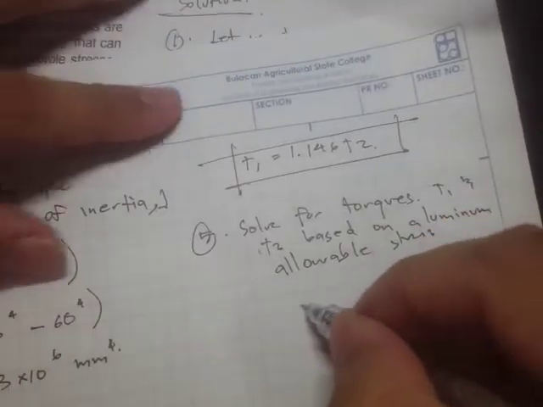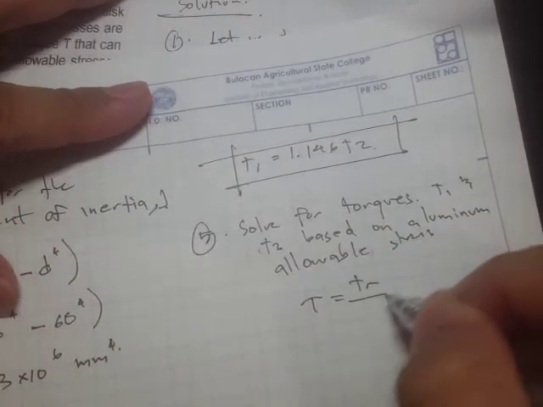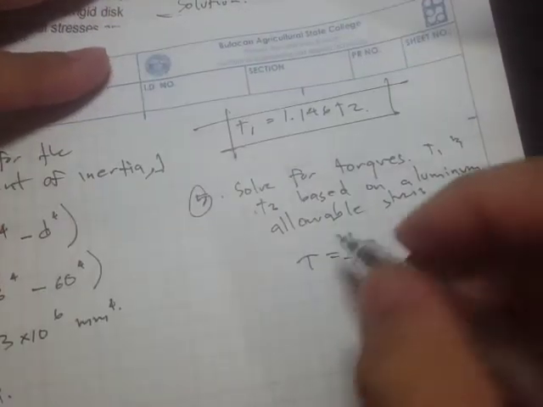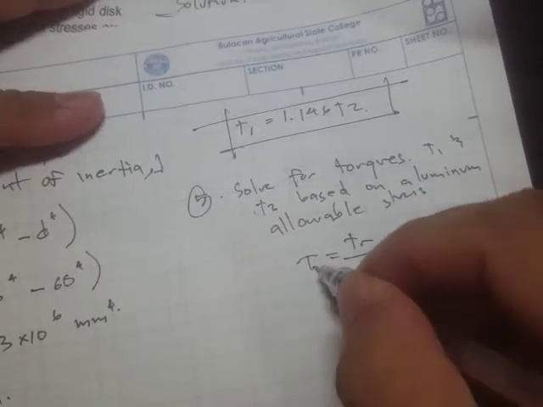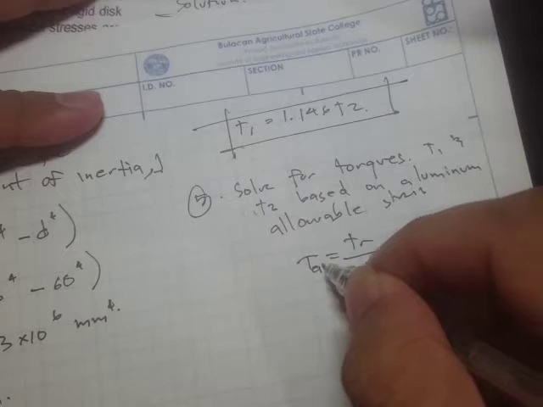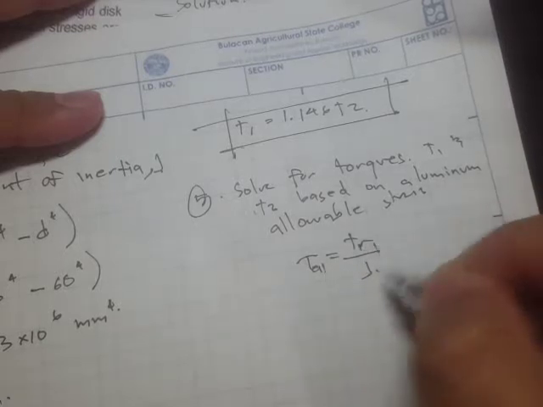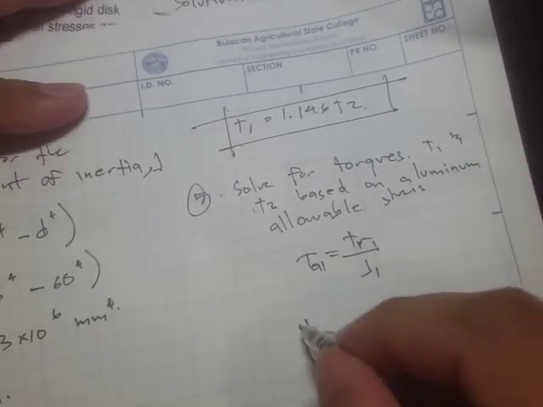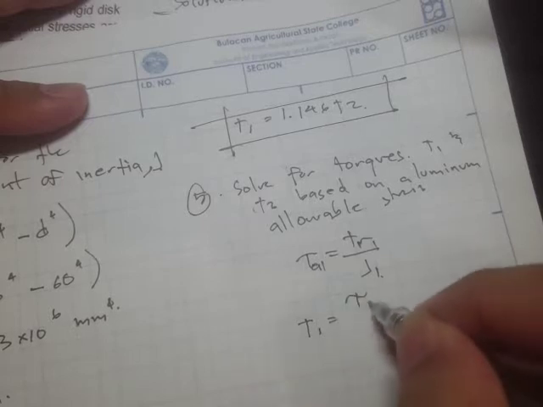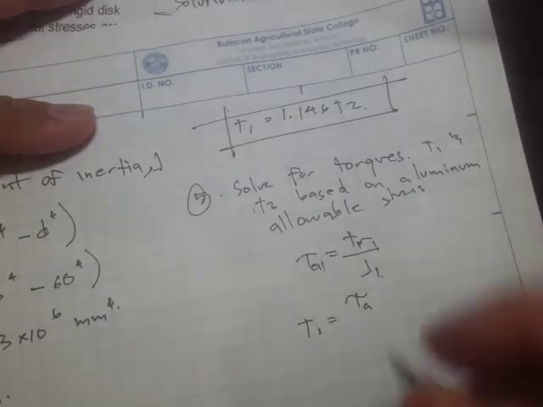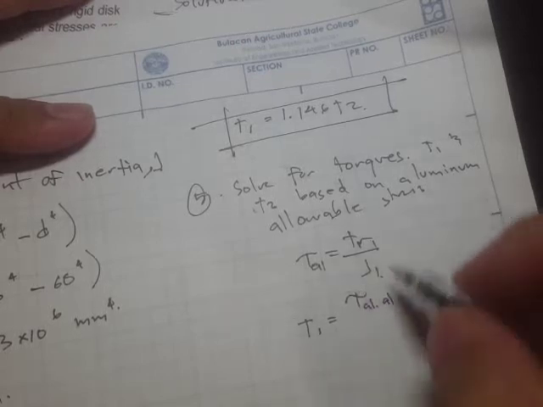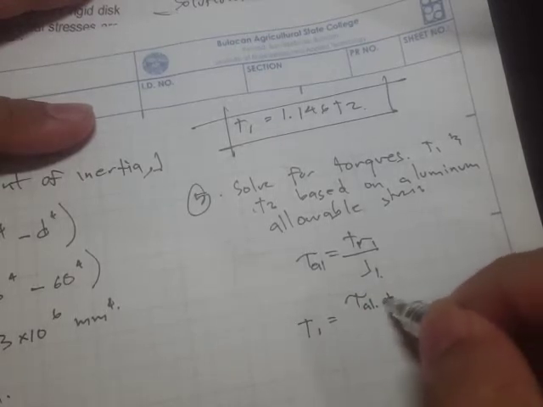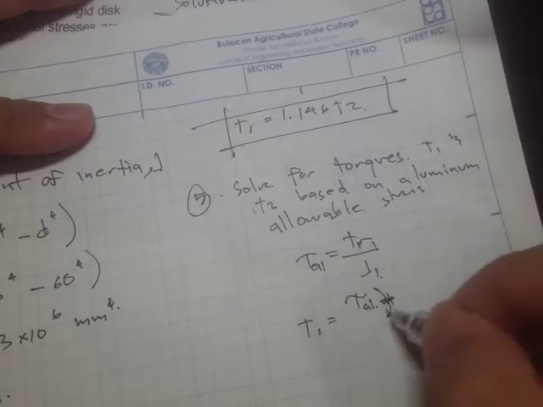And the working equation, recall that this is just TR all over J. If this is aluminum, then this will be T1, R1, and J1. So T1 is just equal to the allowable for aluminum, let's just write A1.